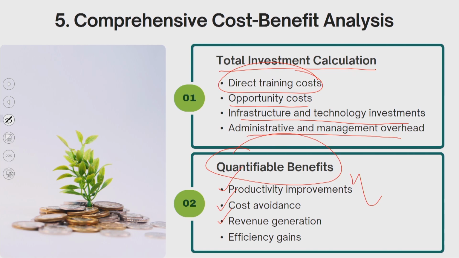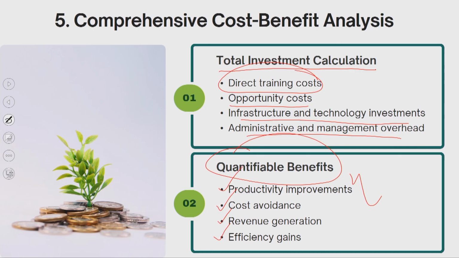We also look into the efficiency gains, which measure the process improvements, technology adoption rates, or workflow optimizations. Training on new software might reduce task completion time by 20%, creating ongoing productivity benefits that compound over time.